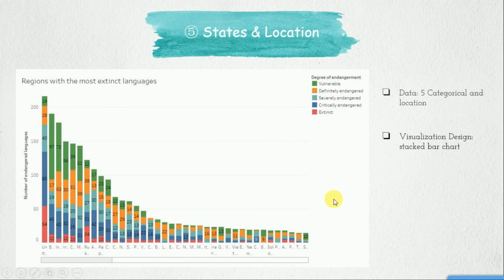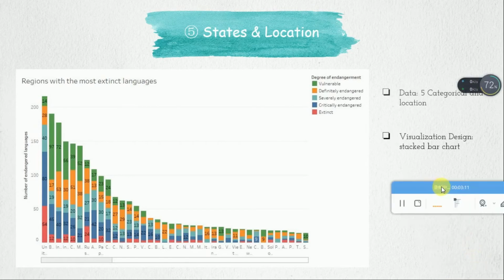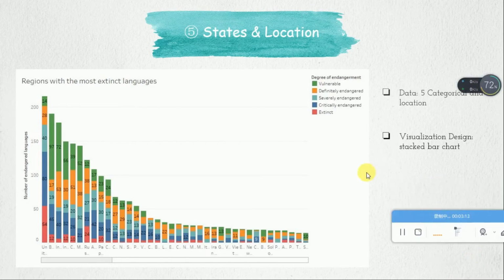We can see the number of endangered languages in detail. So using the map and this bar, we can well reflect the situation of endangered languages. The data comes from categories and locations.